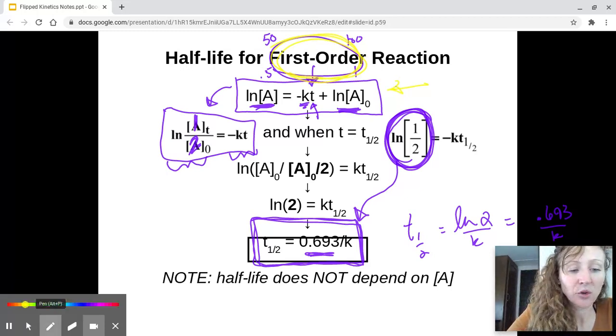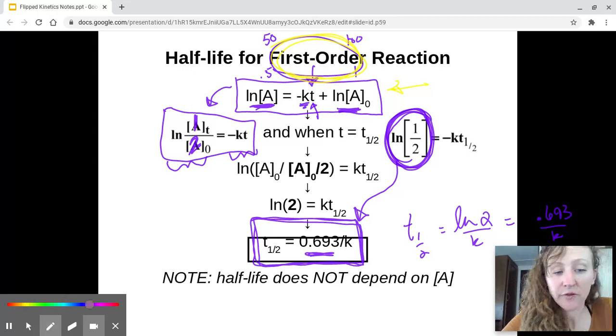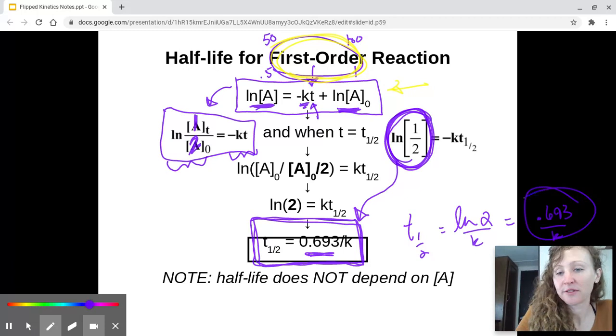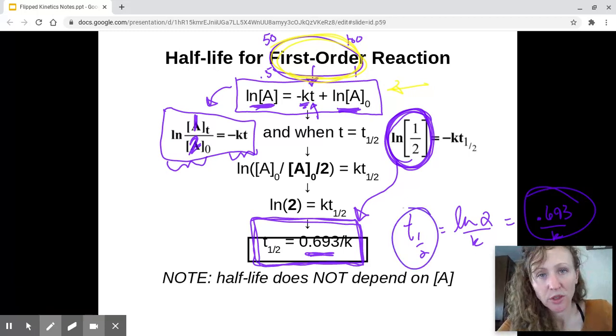Okay, so as long as you know the K for your first order reaction, you can plug it in and figure out what your half-life is, which is pretty cool.